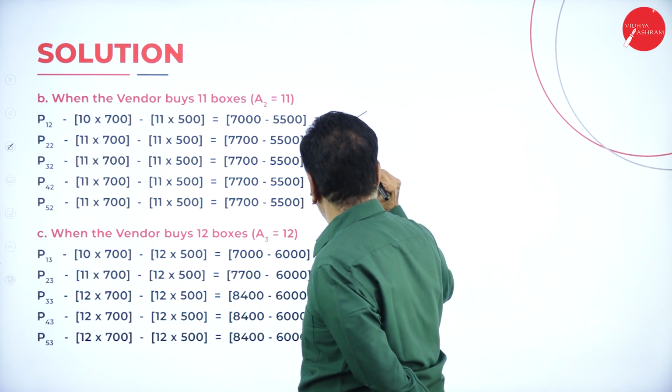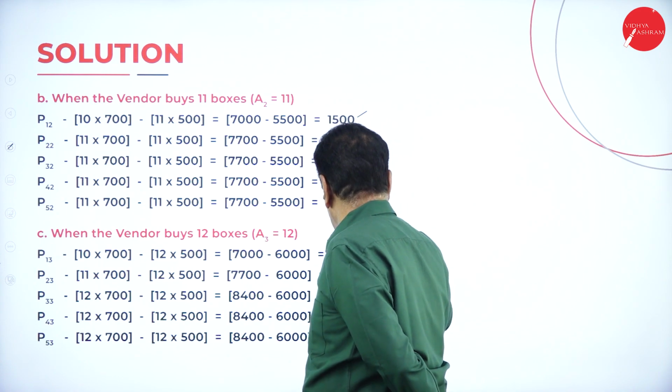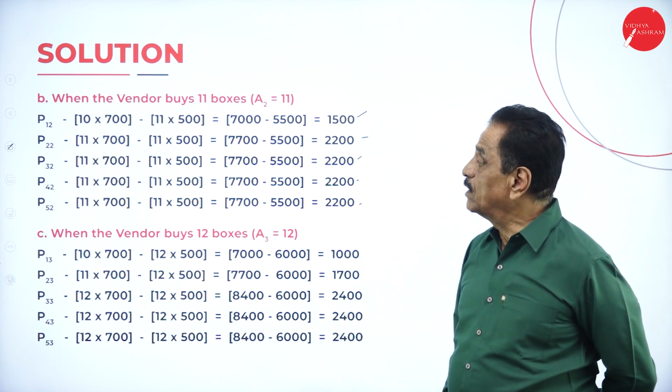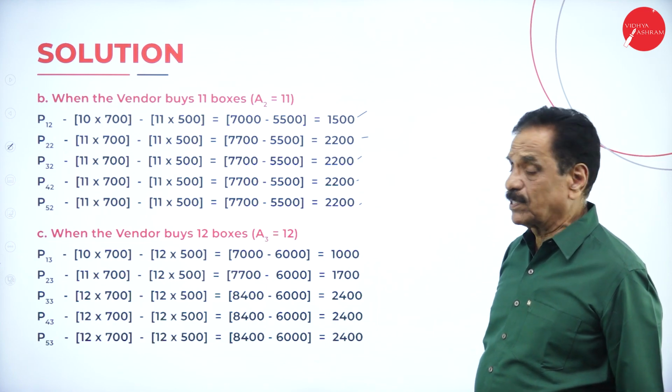Same thing, 2,200 each time. This goes in favor of 11 boxes.